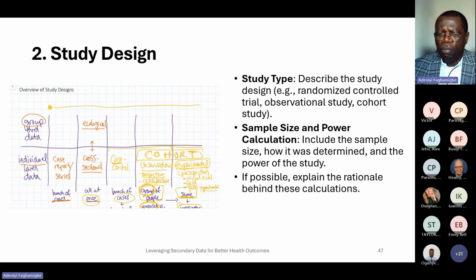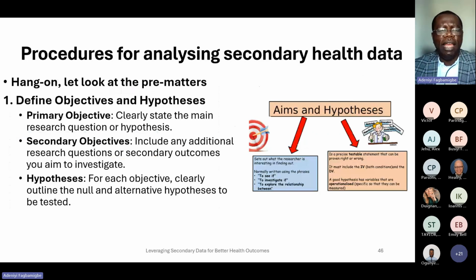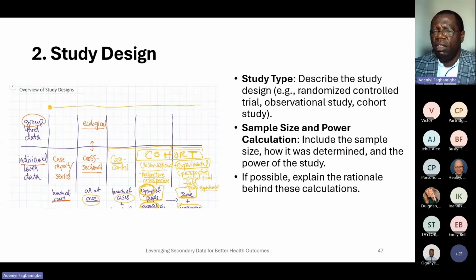Which study type would be appropriate? How about my sample size and power? Because the objective you have determined is the one that will help you to decide whether you want a cohort study or cohort data, or cross-sectional, or electronic health records.